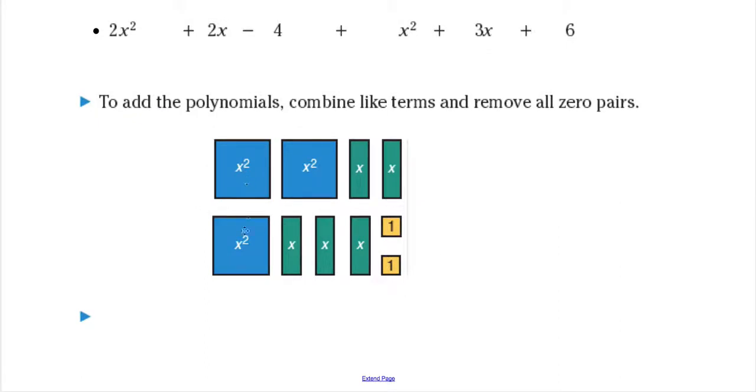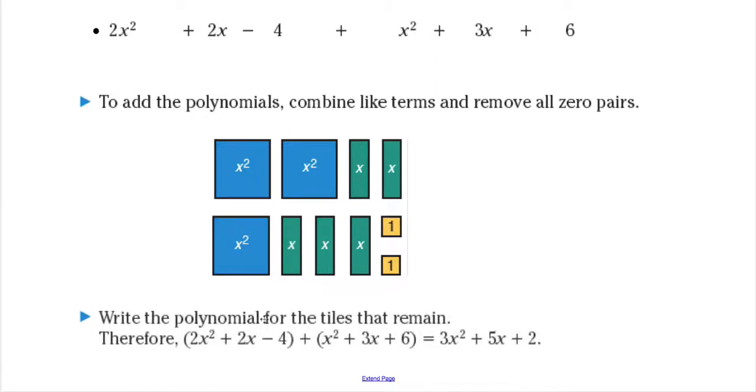If we count the x squared tiles and add them up, we have 3x squared, and we have 5x tiles, and what remains is 2 unit tiles. So 2x squared plus 2x minus 4 plus x squared plus 3x plus 6 is equal to 3x squared plus 5x plus 2. And that's how you use algebra tiles to add those two polynomials.